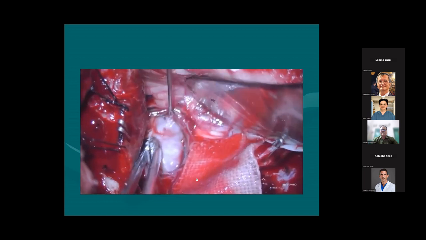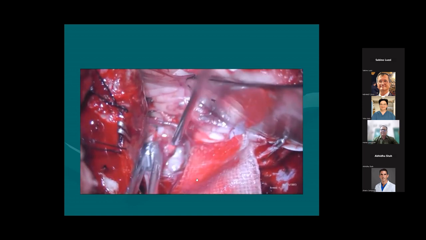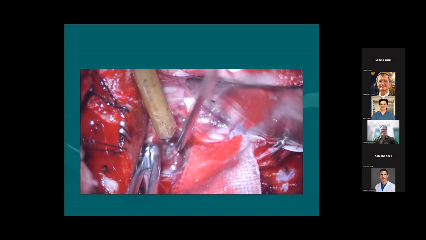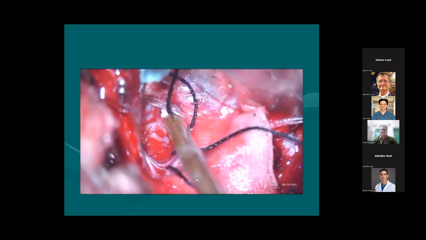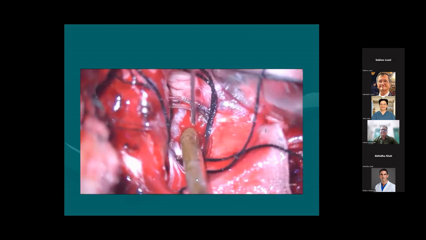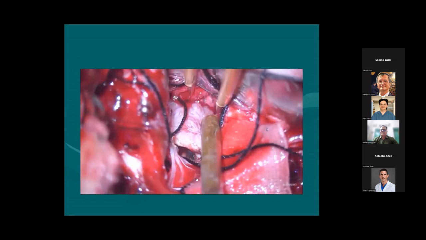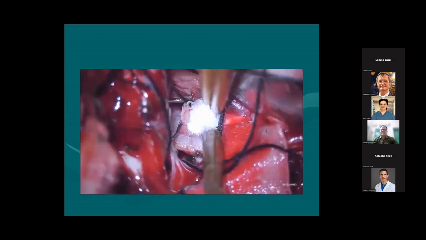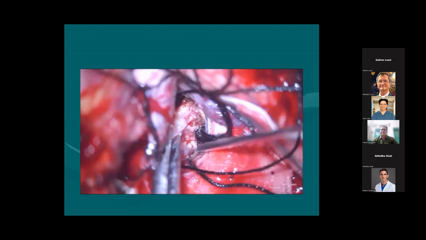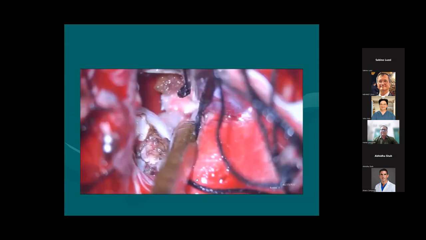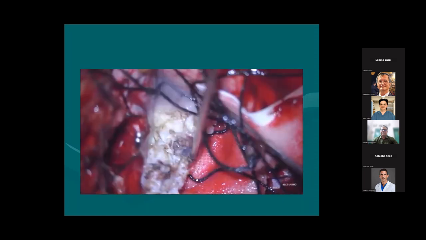And then the tumor capsule was dissected from the brainstem. Intermittent decompression and dissection was done. And finally, the tumor was removed.